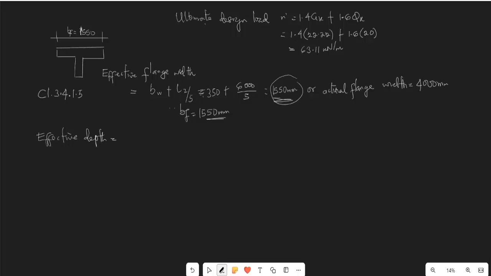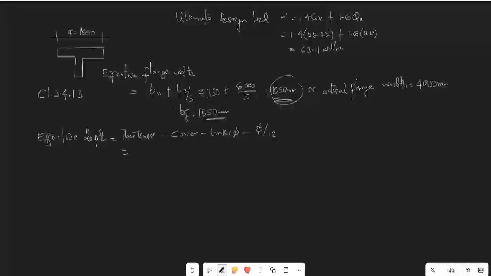The effective depth is obtained for a beam by subtracting from the thickness the cover, and then the diameter of links, then half of the intended main reinforcement, maybe the tension reinforcement or whatever it is.